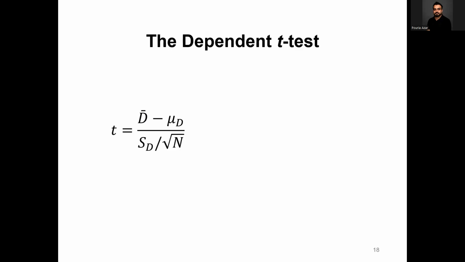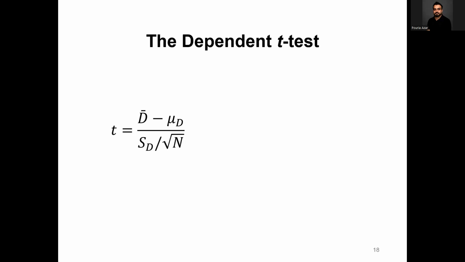So D is the observed difference between two sample means. And then mu is the difference in the population between two samples. And then divided by the standard error.